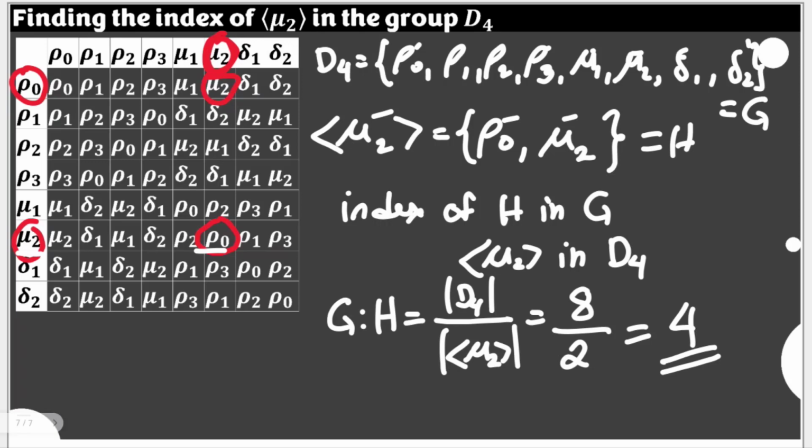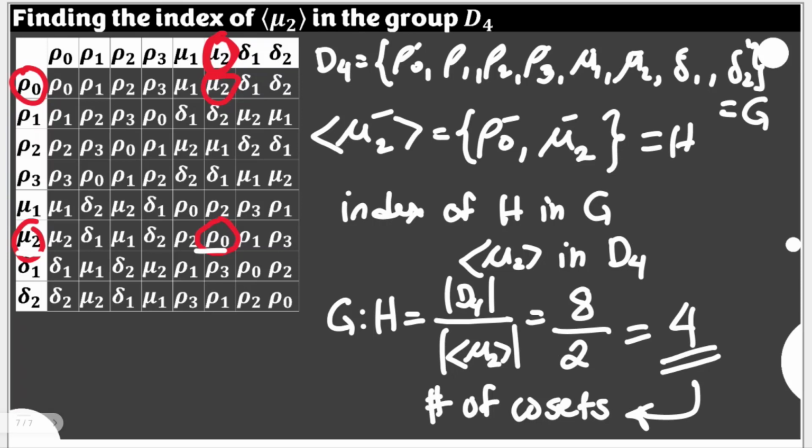But just to connect this to the next or the previous concepts, this index is actually also the number of cosets for both sides. This would mean that if we are going to continue showing the cosets of the subgroup generated by mu sub 2 in D sub 4, we would expect 4 right cosets and 4 left cosets, because there must be the same number of cosets, 4 left and 4 right cosets.